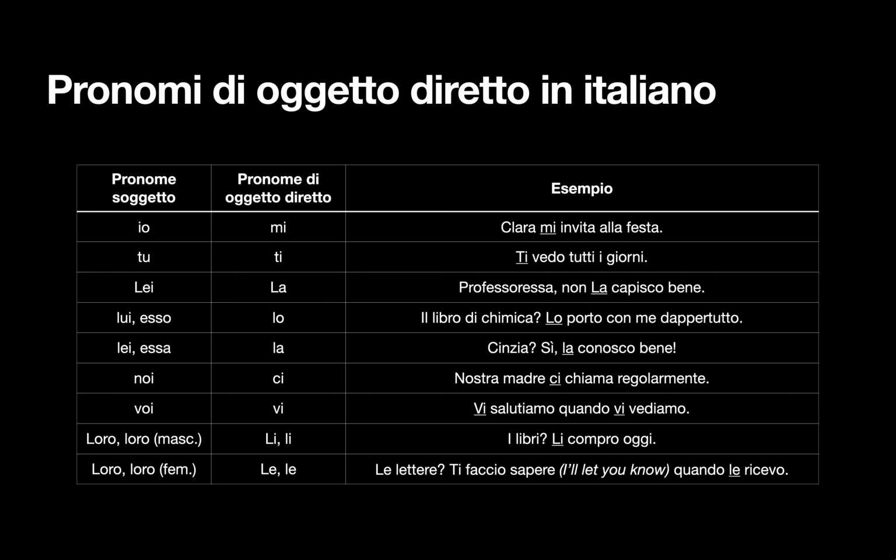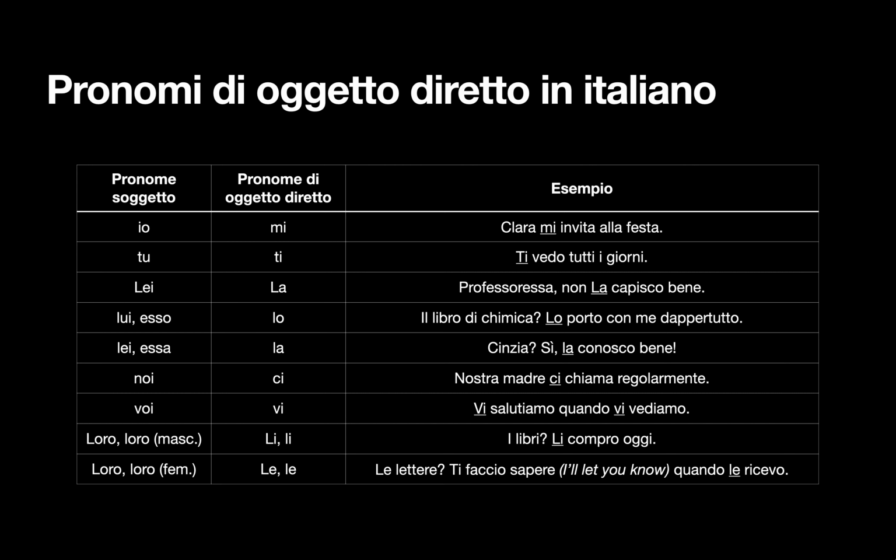For ci, nostra madre ci chiama regolarmente. Our mother calls us regularly. Voi, vi salutiamo quando vi vediamo. We say hello to you when we see you. I libri li compro oggi.